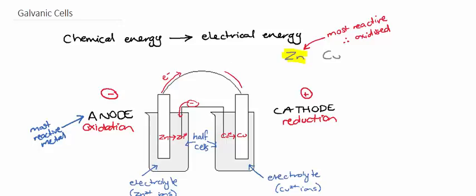So the electrons that left the anode are going to enter the cathode, come into contact with these copper ions in solution, which will be deposited as solid copper atoms on that electrode. Now, as that occurs, you can see that we are losing positive charges from the solution. So in order to balance out the charge, the positive ions from the salt bridge are going to move into that half cell.